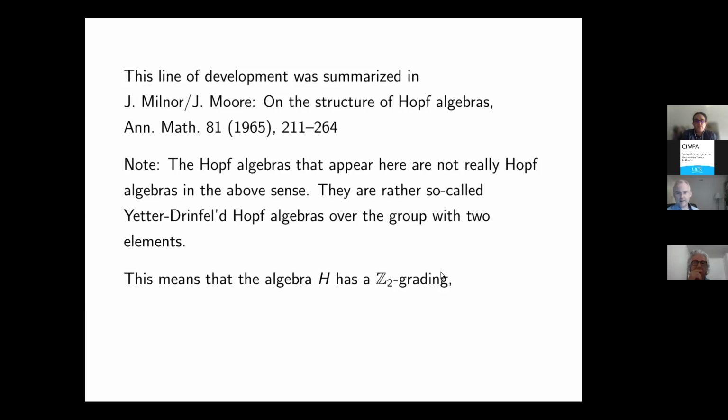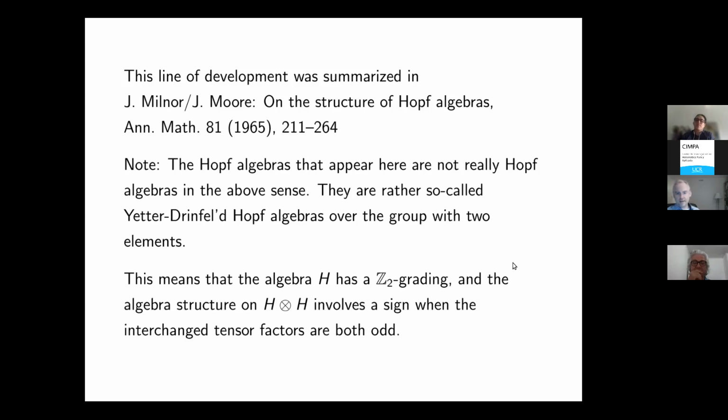So they are graded with a group of two elements, and if you form the tensor product, there is a sign involved in case you interchange tensor factors which are both of odd degree. So this is a feature that I did not have before, but I will not go into this in great detail now. Rather, I will define the second source for Hopf algebras, linear algebraic groups.